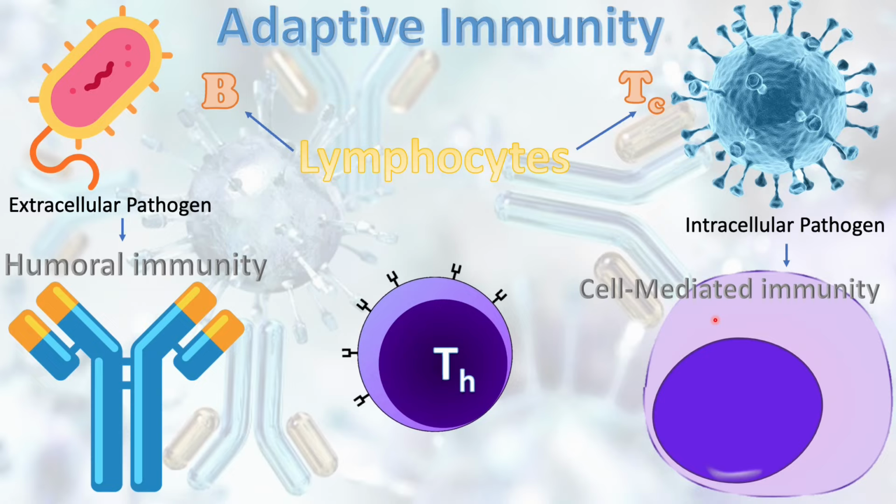They need the help of T helper cells. The T helper cell subtype 1 helps cell-mediated immunity. It helps the cytotoxic T cell. The T helper subtype 2 helps the B lymphocyte. And we're going to see this now. Okay, so this is an overview of adaptive immunity. So let's get into it.